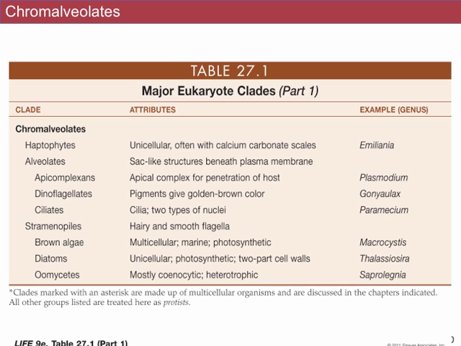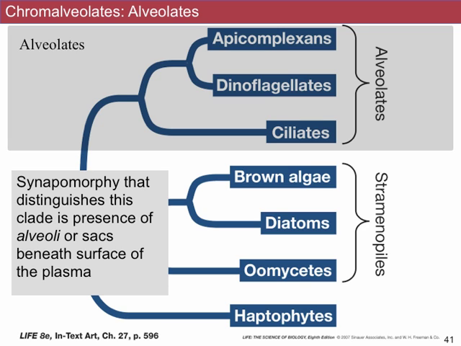So the alveolates have at least a few synapomorphies. As the name suggests, one of them is the presence of these alveoli, which are basically sacs beneath the surface of the plasma membrane. If you look within the alveolates, there are 3 distinct groups.